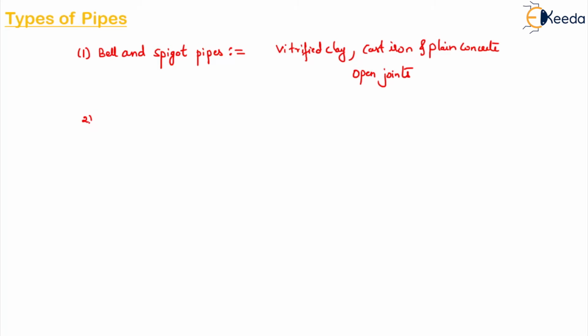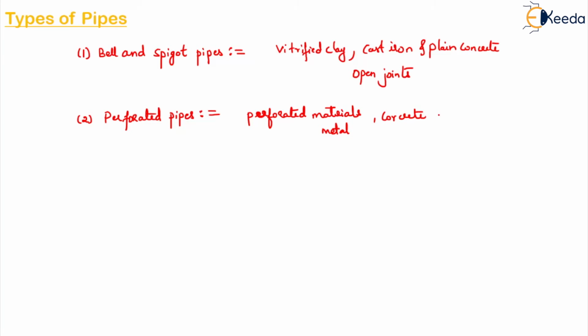The second type of pipe that we can give is your perforated pipes. These pipes are made up of perforated material. Normally it may be a metal or concrete or vitrified clay.